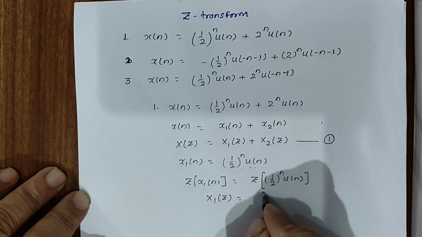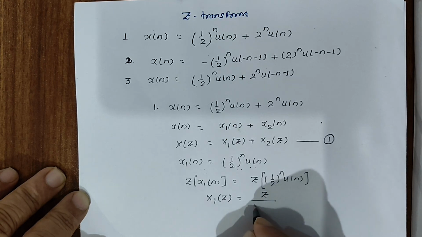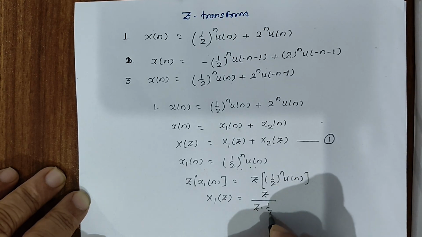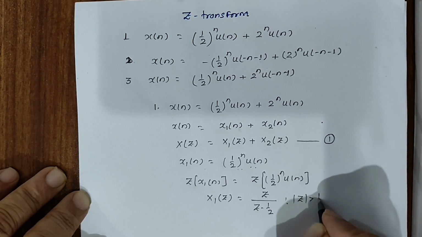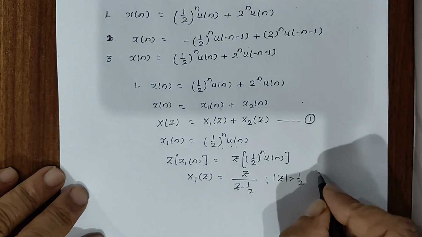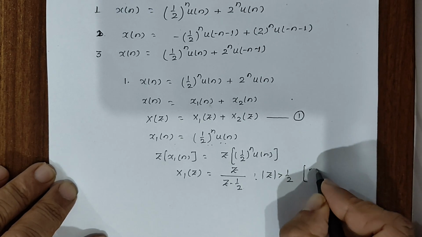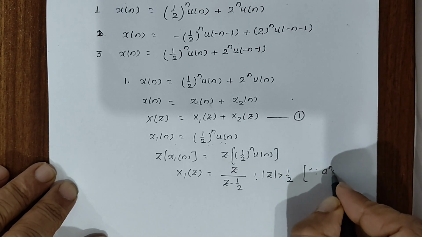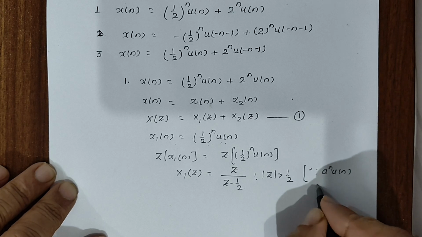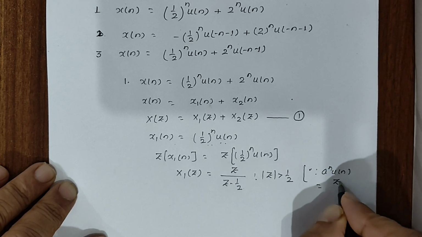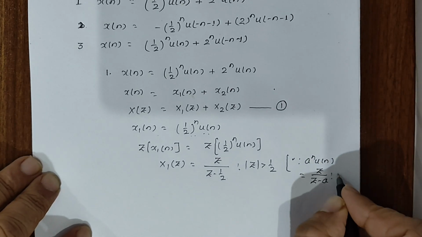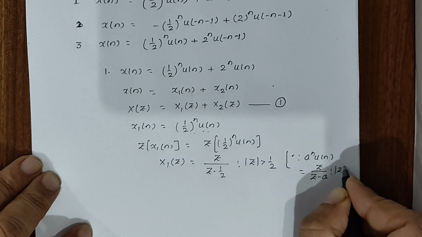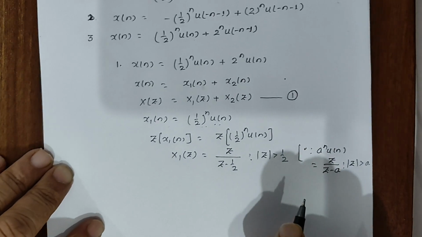The Z transform of this is z by z minus 1/2 with ROC mod of z greater than 1/2. Since we know that the Z transform of a^n u of n is z upon z minus a with ROC mod z greater than a.